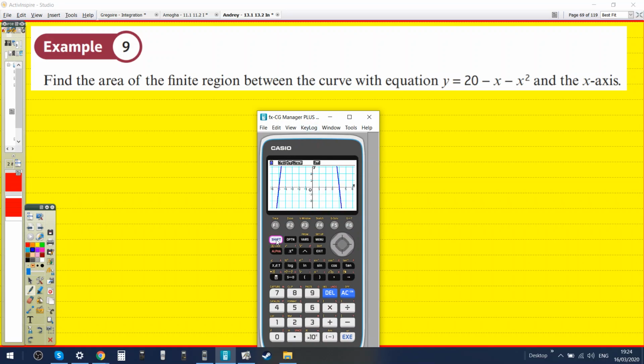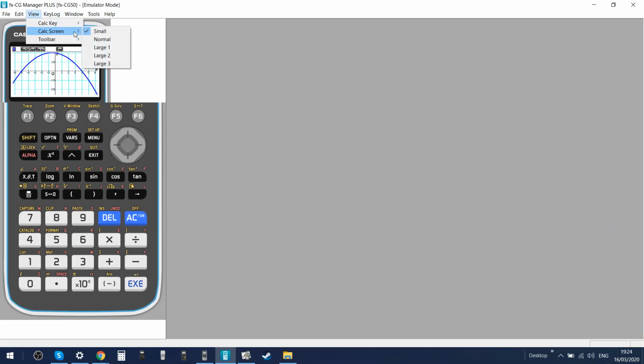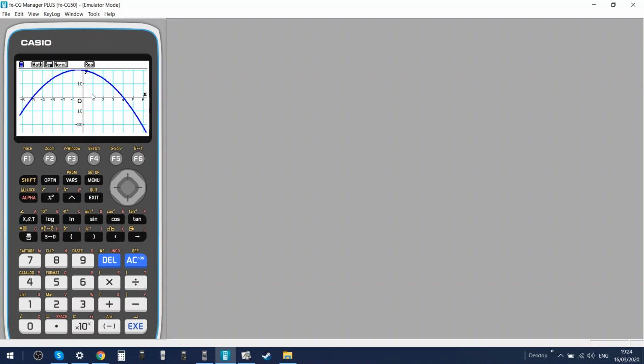Okay, so this is what it looks like. Shift zoom, I don't know, auto. Okay, so there it is. And so, hang on, view. So they're saying they want this area between the curve and the x-axis. So this area down here.